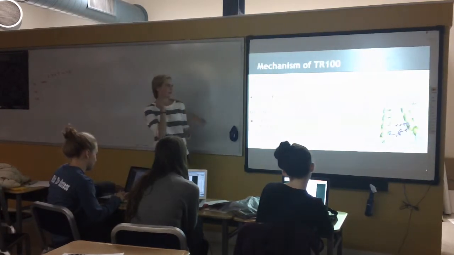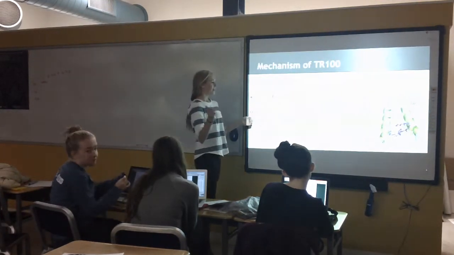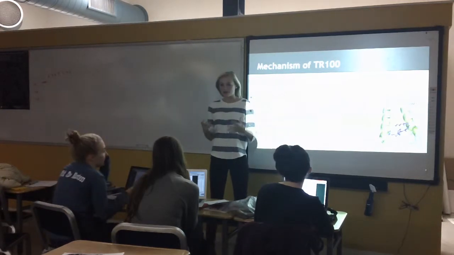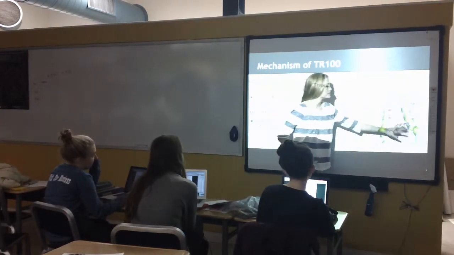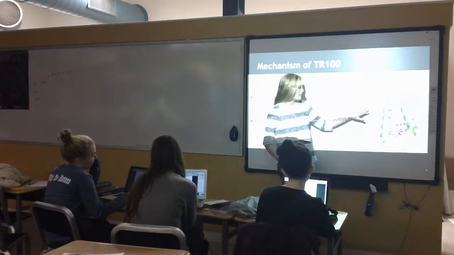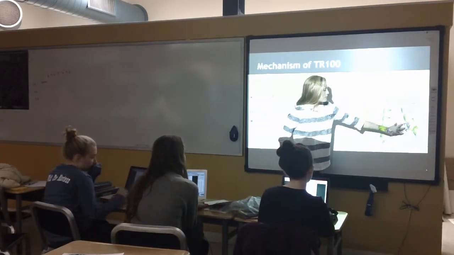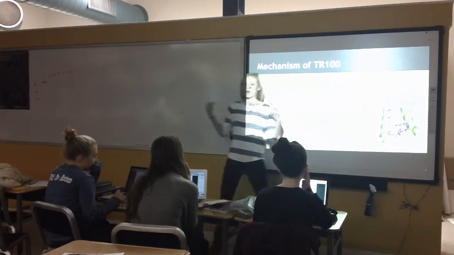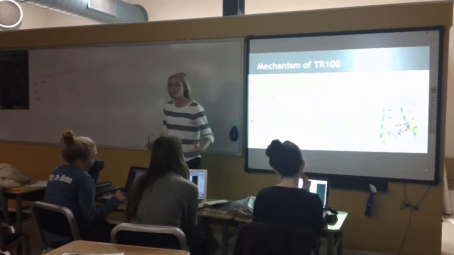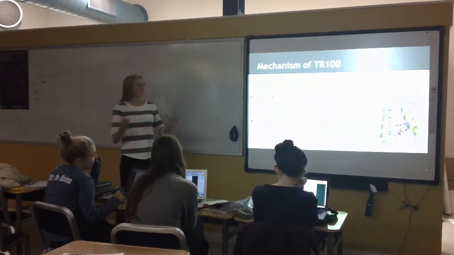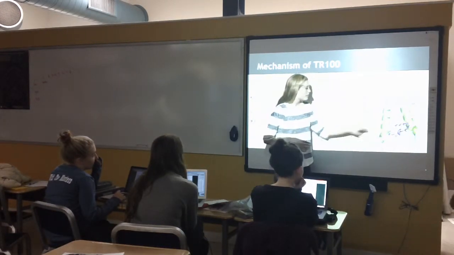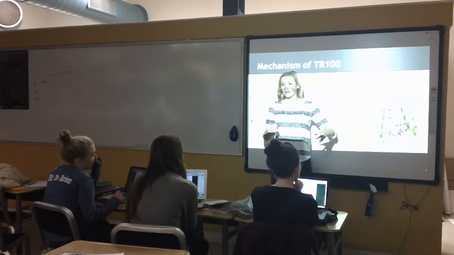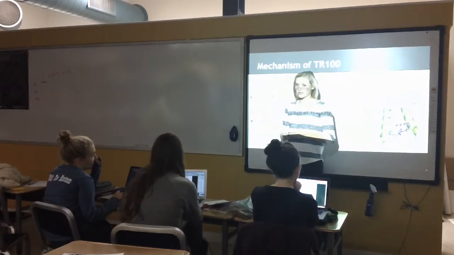Very good question. What is the main mechanism behind this? In this photo you can see the green part is the protein tropomyosin, TM5NM1, and the purple molecule is TR100. What happens is TR100 binds to the binding sites of tropomyosin, so tropomyosin can no longer bind with other tropomyosins.